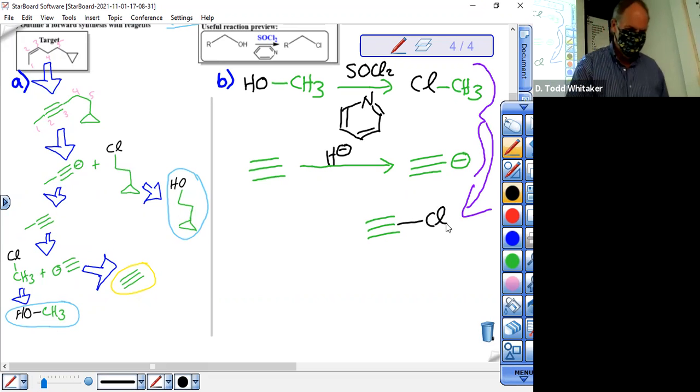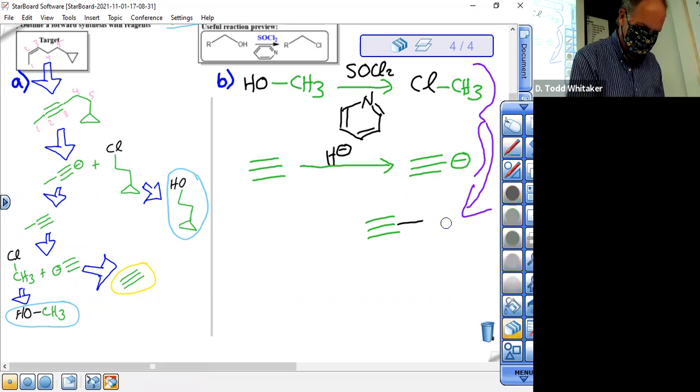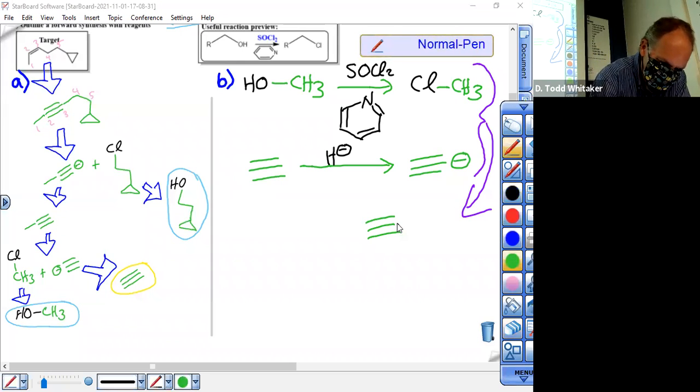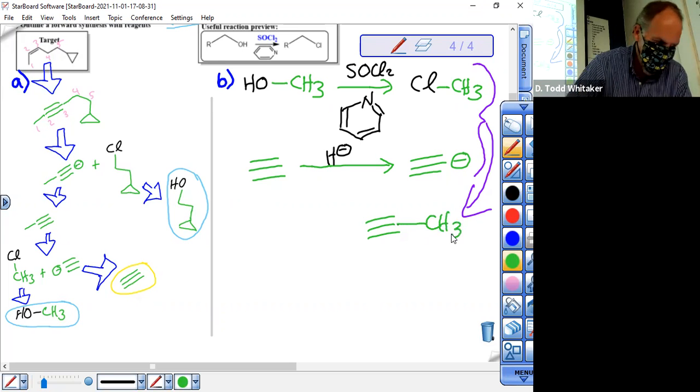I don't get a Cl there. What am I doing? There are my Cls and methyls. Ladies and gentlemen, the C minus attacks the carbon. Cl minus gets booted off. You get a CH3 there. Cl minus is a side product. I don't even need to see it.